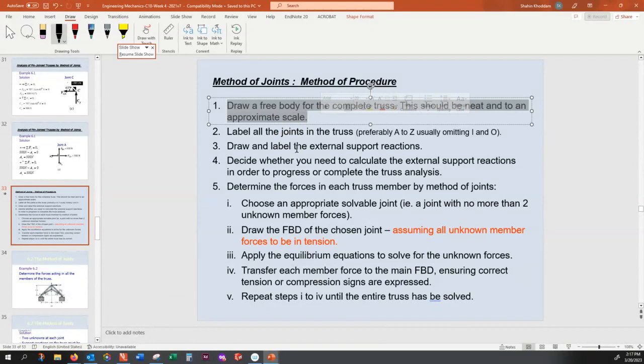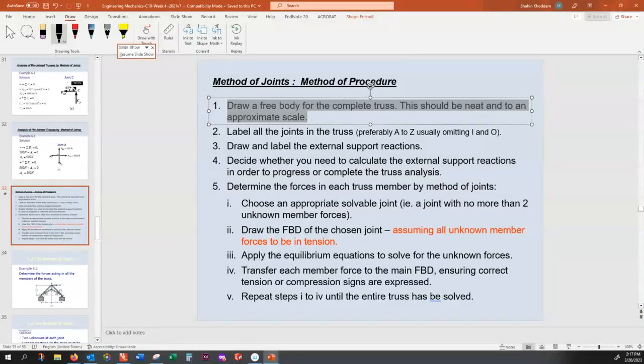And then make sure you label all the joints using the uppercase letter from A to Z. Don't include I and O. I and O could be confusing. And then at each label, include the external support reactions, external forces, and then you have to decide what is the order you want to solve.